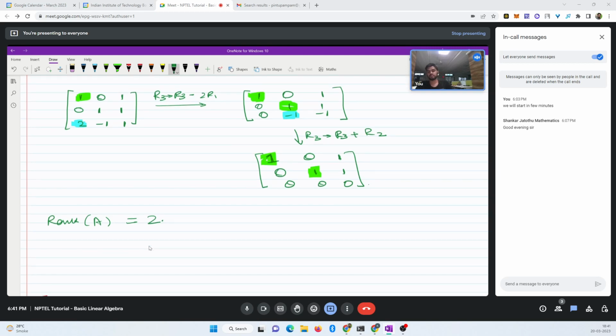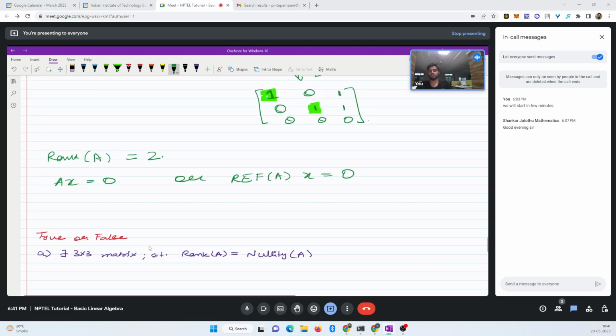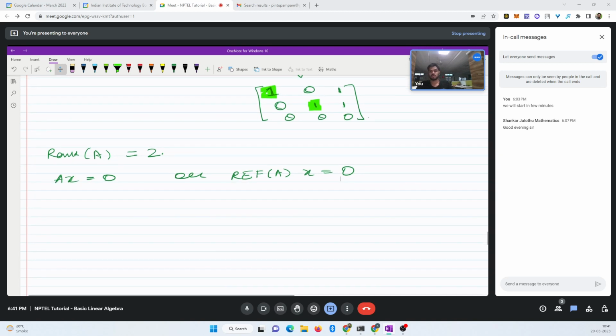Now if you look at the null space, we want Ax to be 0, which is the same as REF of A times x being 0. So what we want eventually is 1, 0, 0, 0, 1, 0, 1, 1, 0 times x1, x2, x3, let's say, to be 0.